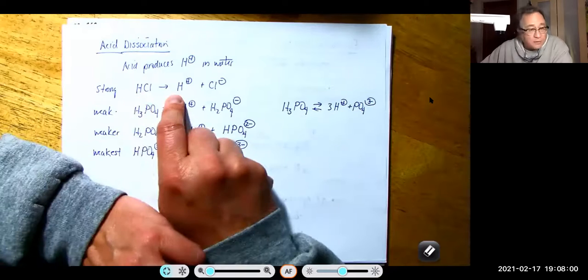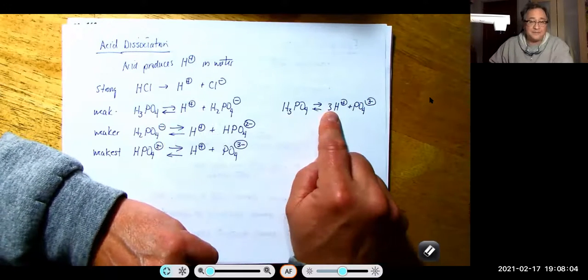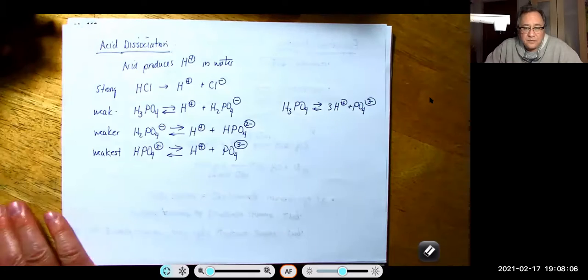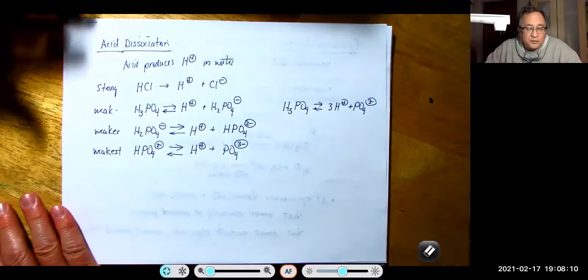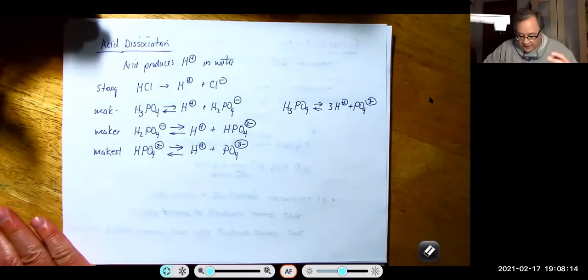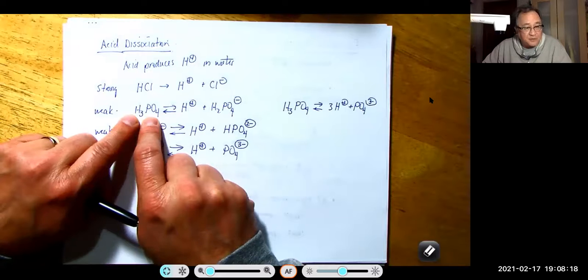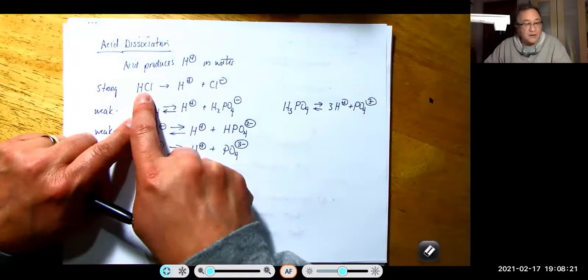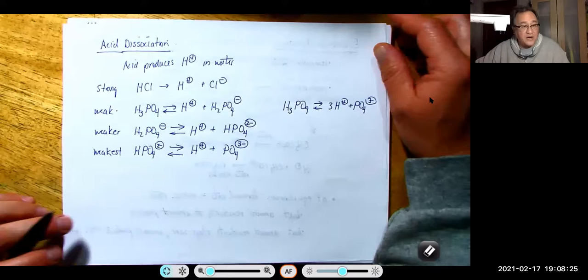It gives up 1 proton. Look at this weak acid. It can give up 3. The fact that it can give up 3 protons does not mean it's strong. Because we have to remember, in these cases, it doesn't want to give up the proton. This one-way reaction, it wants to give up the proton. So strong acids want to give up the proton.